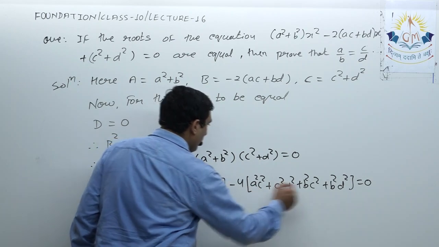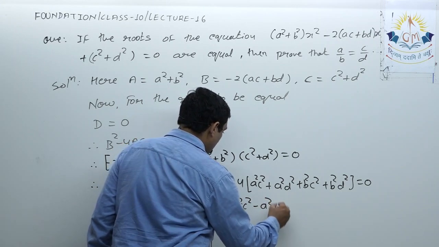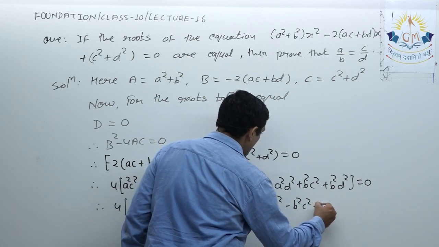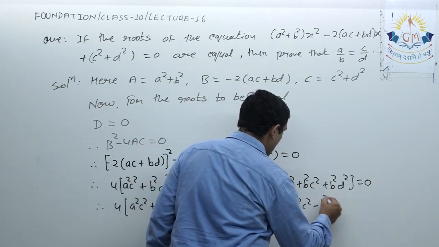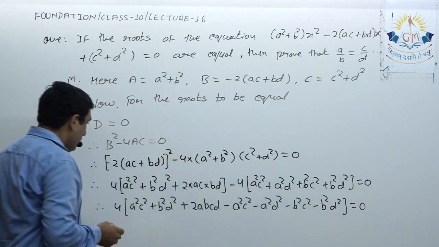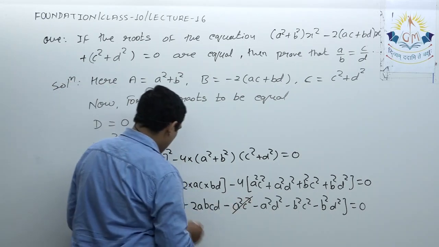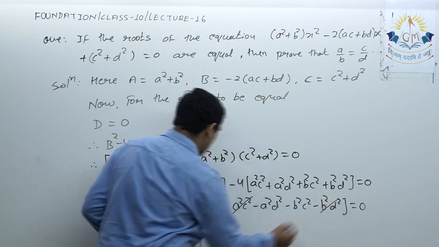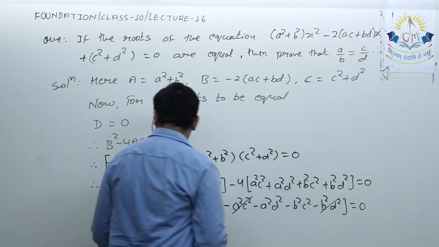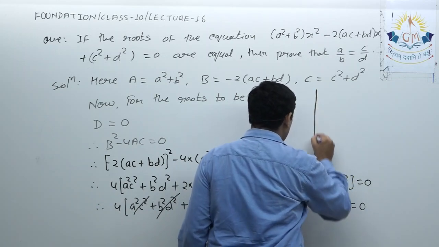Over here, minus of all these terms: minus a square c square, a square d square, b square c square, b square d square is equal to 0. So a square c square will cancel out with this. Similarly, b square d square will cancel out with this. Also this 4 I can take on that side, so this becomes 0. So I will be left with only 4 terms.